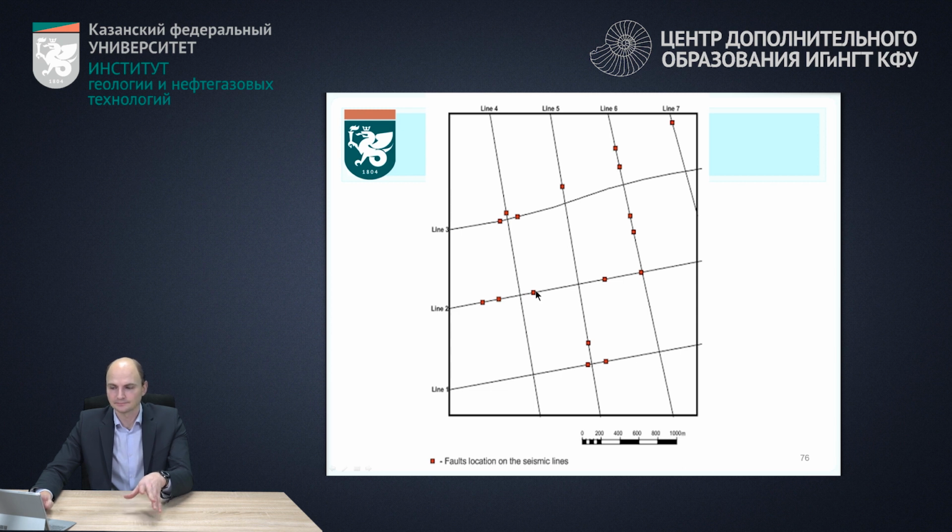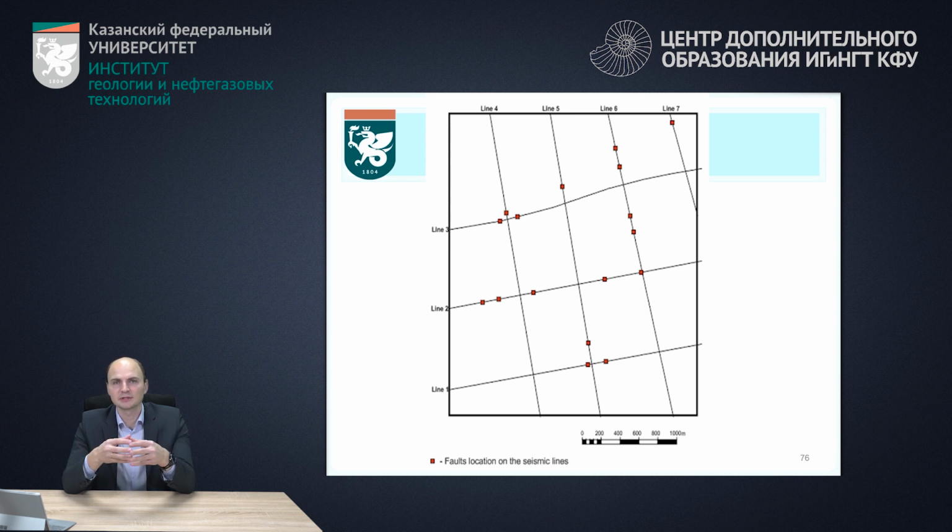We don't know. The only possibility is to connect that fault to some other variable that is not obtained from the seismic data, and this variable should be present in all places, not only on the seismic line.